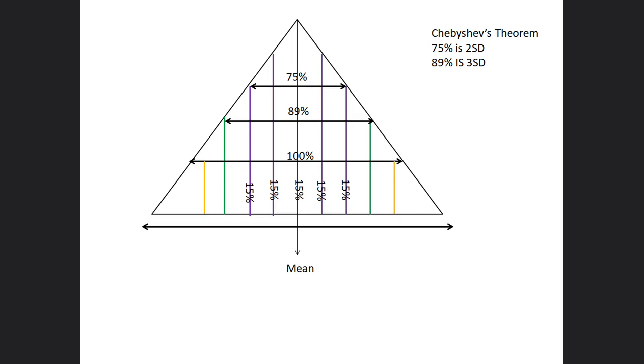Our first bar from the center was 75%. That is the 2 standard deviations. If we count, we have 5 bars. That means 2 to the left, 2 to the right, plus the 1 in the middle gives you 5. We're going to take 75%, divide that by 5.